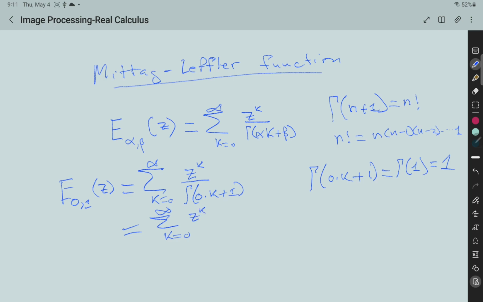Now, if you want to write this out, for k equal to 0, you have z raised to the 0 power, plus z raised to the first power, plus z raised to the second power, and so on. So z to the 0 power is just 1, so this sum is just 1 plus z plus z squared plus z cubed, and so on.